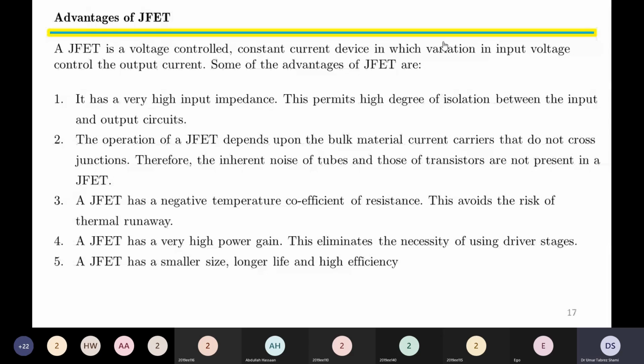So comparing the BJT and the FET will show much more improved efficiency. Right. This was the comparison of BJT and FET, and then we discussed the advantages.